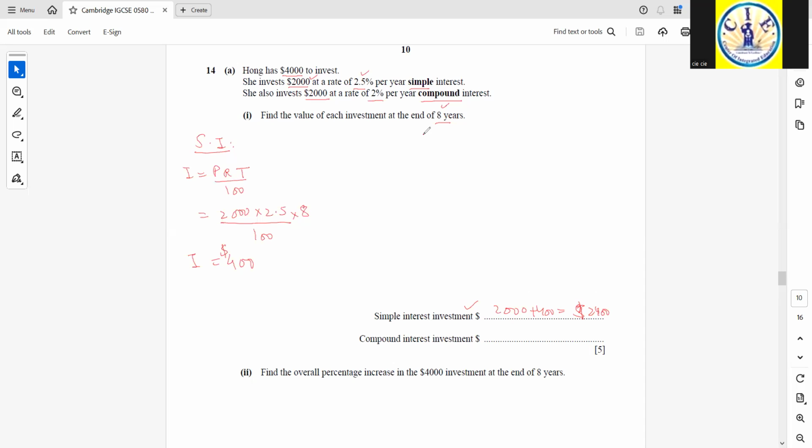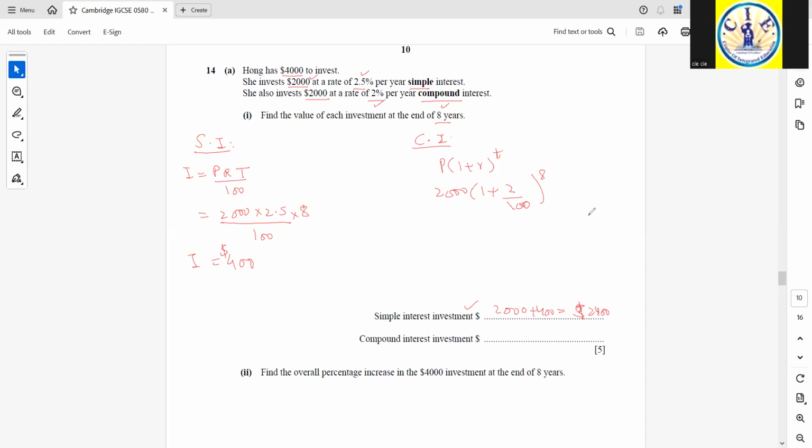Okay, now for the compound interest, I can use P times 1 plus R raised to the power T. The principal amount is 2000. 1 plus rate, which is 2%, that is 2 divided by 100, whole raised to the power 8.